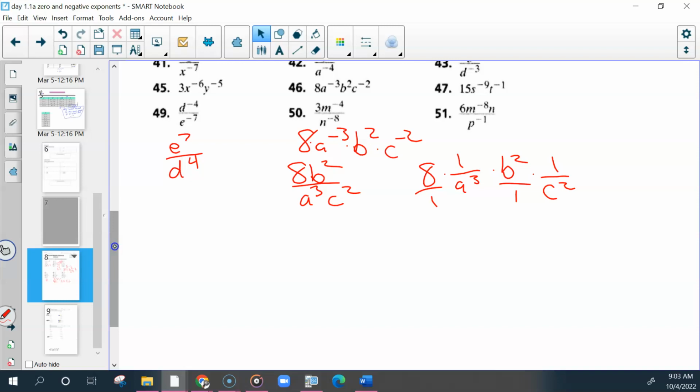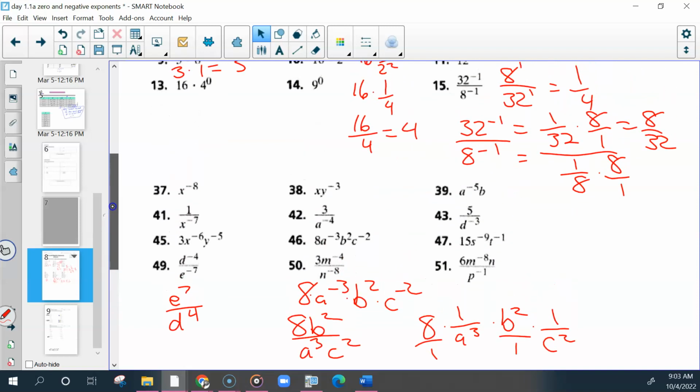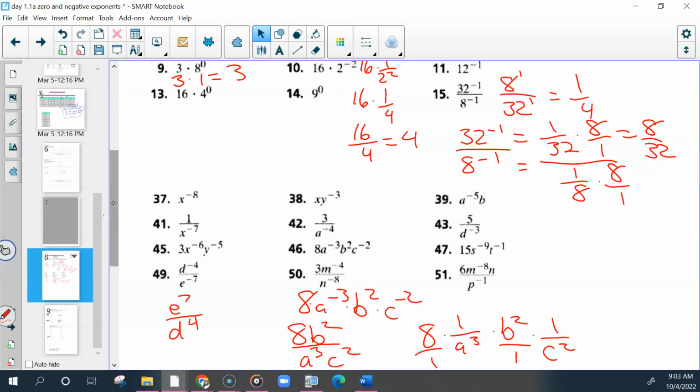Of all of those, what questions do we have? Okay, Lacey. For number 15, do you have to put the exponent of 1? No, you don't. You can if you want to, but it's not necessary. Otis. When you have an exponent of 0, the number, like the variable, just turns into a 1, correct? Do you see an example like that? Number 14? Yeah, this would just become 1.